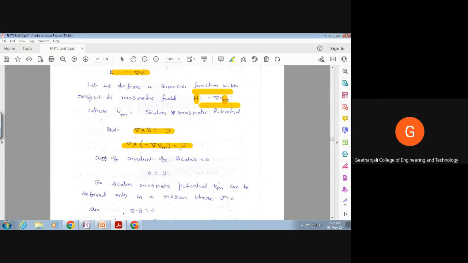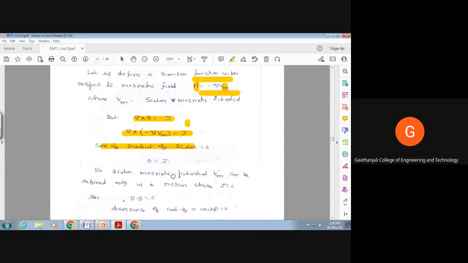So on the left hand side, this becomes 0. On the right hand side, it suggests that it must be equal to J. So we can define H is equal to minus grad Vm, the scalar magnetic potential, only in a region where the current density is 0, where conduction current density is 0.